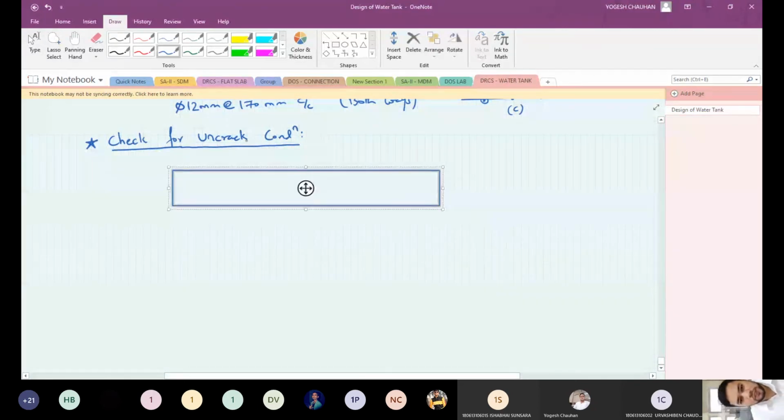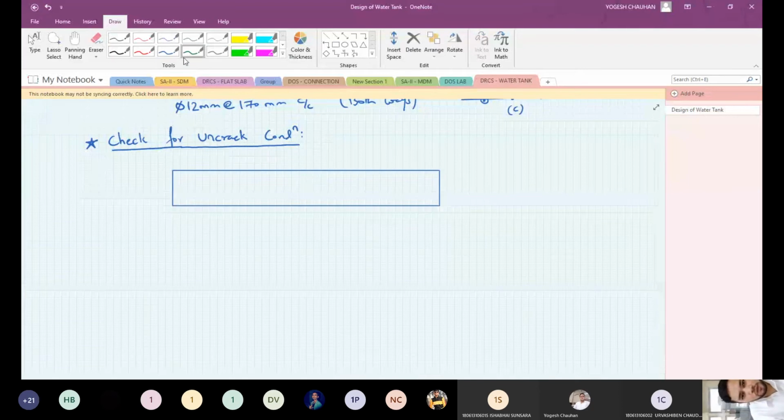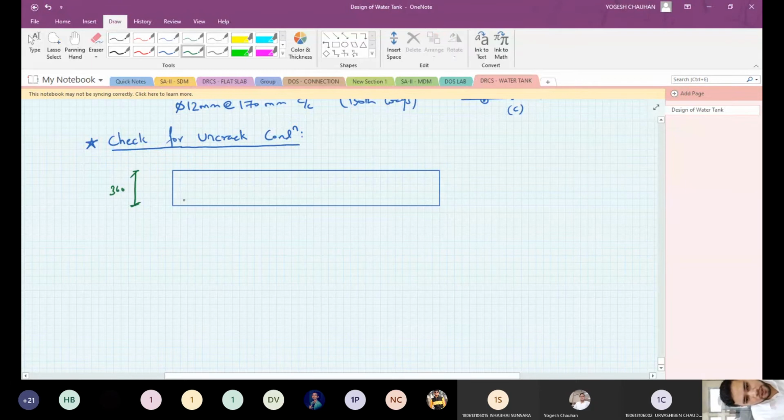Let us say this is the section. This is the overall depth 360, and the effective depth is let us say 305. We do not change the cover. In the earlier initial calculation, we considered effective depth as 360 minus 45 minus 10.